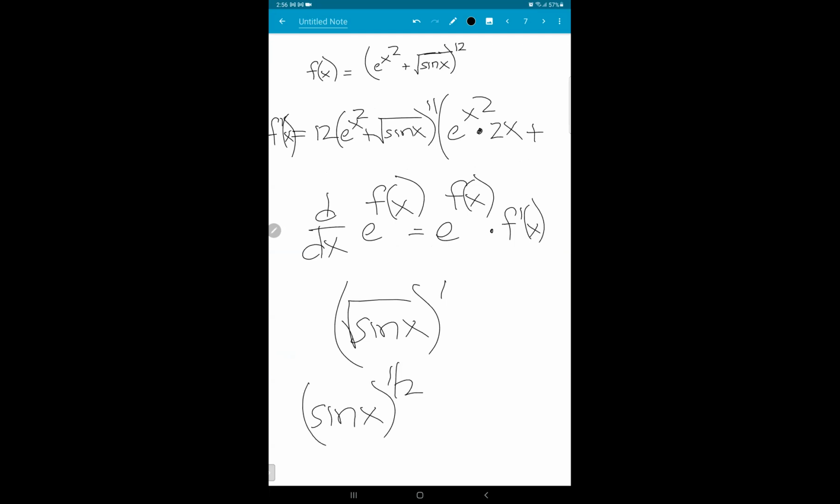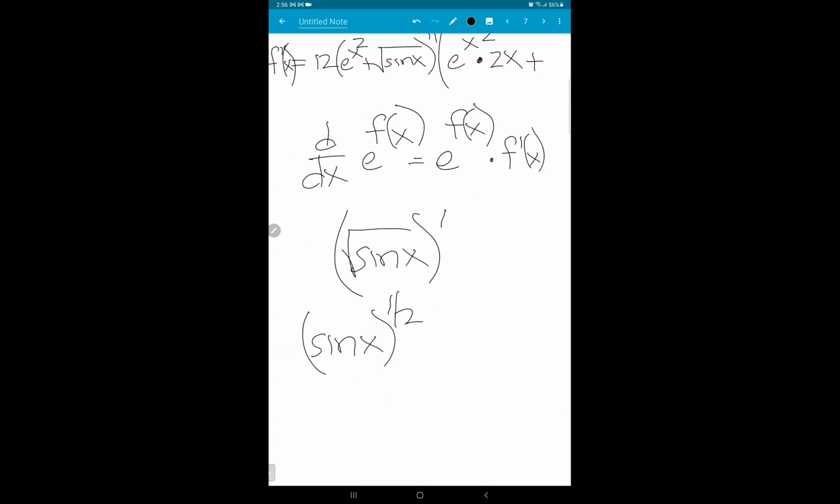Now you apply the power rule here. Remember, power rule: bring down the power, a constant power, then subtract 1. 1/2 minus 1 is negative 1/2 here. But you have to differentiate the base.